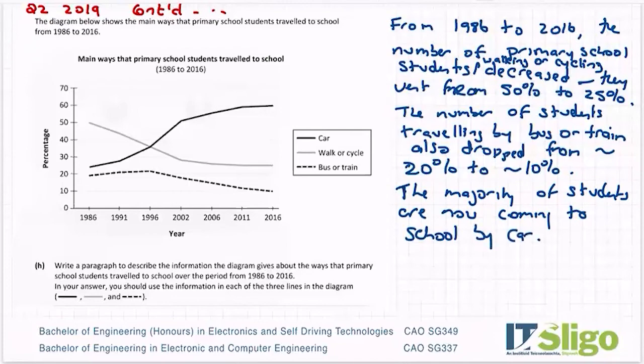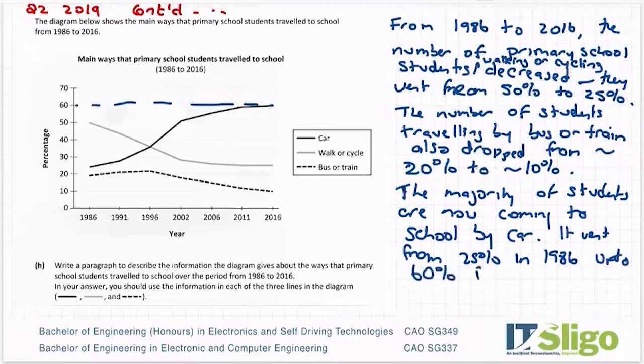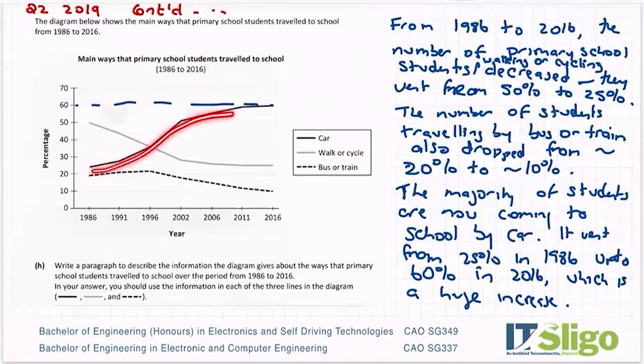Okay, it went from 25% in 1986 up to 60% in 2016, which is a huge increase. Something like that. Anything that describes the curves and what they're doing.